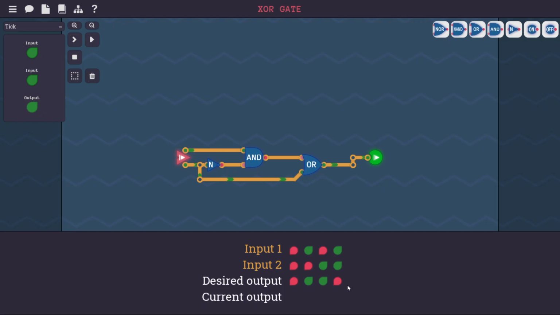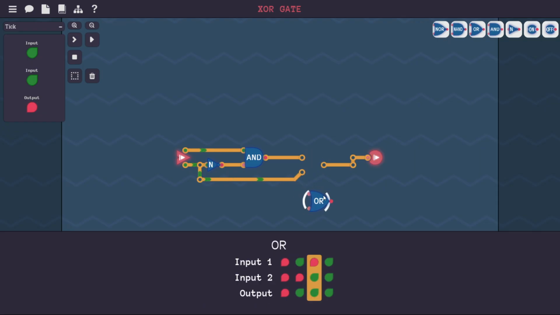So that means the OR cannot be here. Or it can be, but with another AND gate.